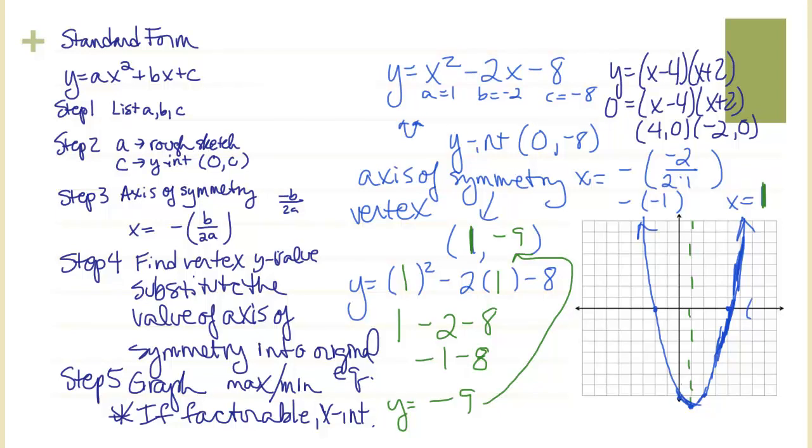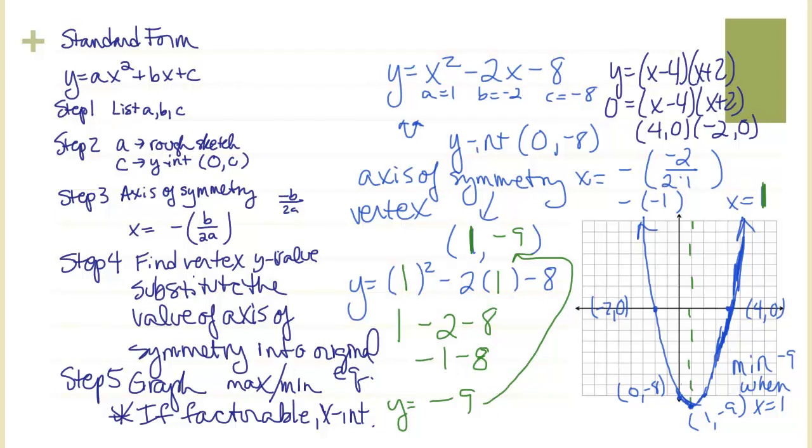Our x-intercepts, we've got 4, 0, negative 2, 0. Our y-intercept is 0, negative 8. Our vertex is 1, negative 9. It's a minimum of negative 9 when x equals 1. So there is a parabola where we can do everything.